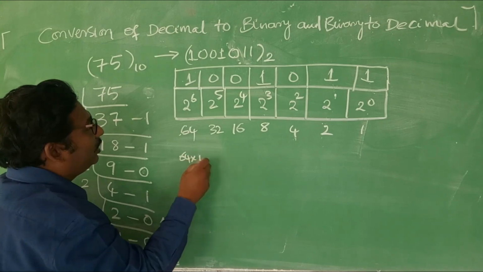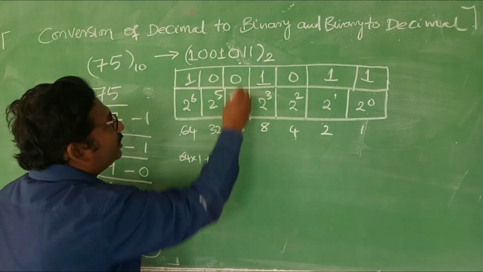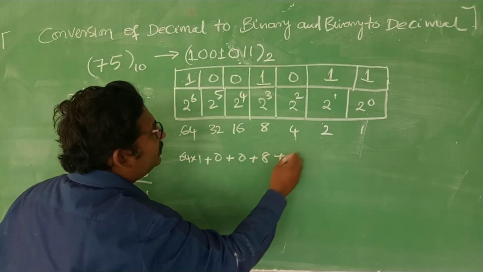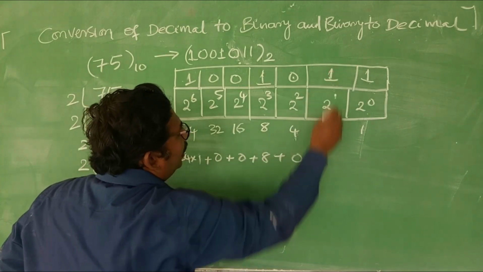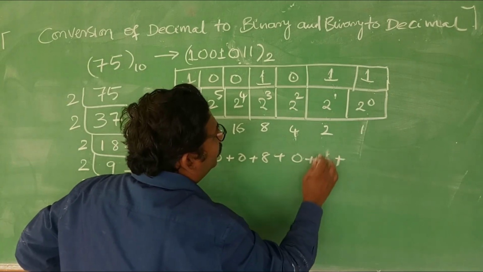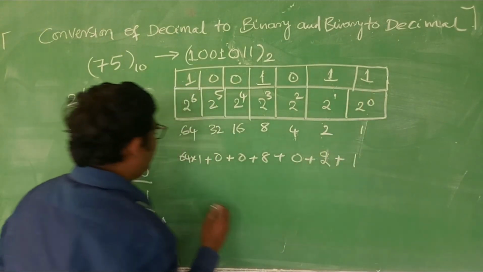64 into 1, plus 32 into 0, 0, plus 16 into 0, 0, plus 8 into 1, 8, plus 4 into 0, 0, plus 2 into 1, 2, plus 1 into 1, 1.